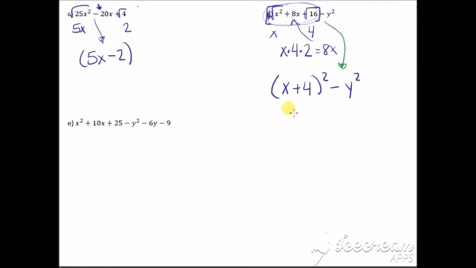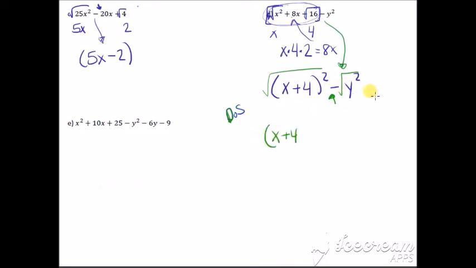So now we're going to recognize this as what is called, and we're going to get into it a little bit more, difference of squares. How we can recognize difference of squares is, first of all, it's a difference, so it's a minus sign, and we can root the first term and root the second term. When we root the first term, we get x plus 4.